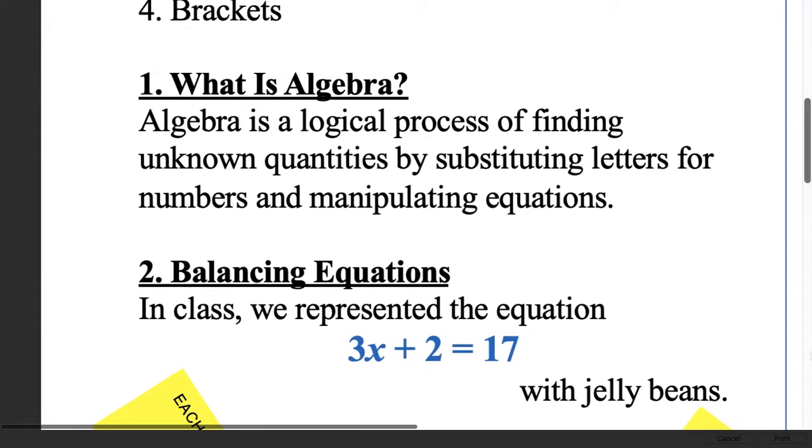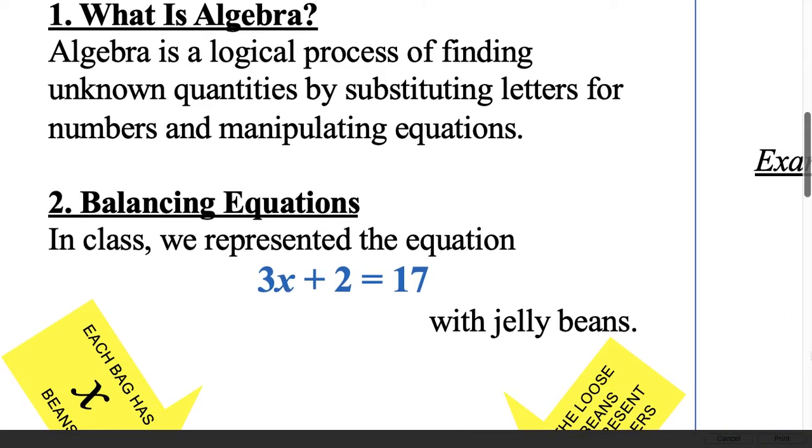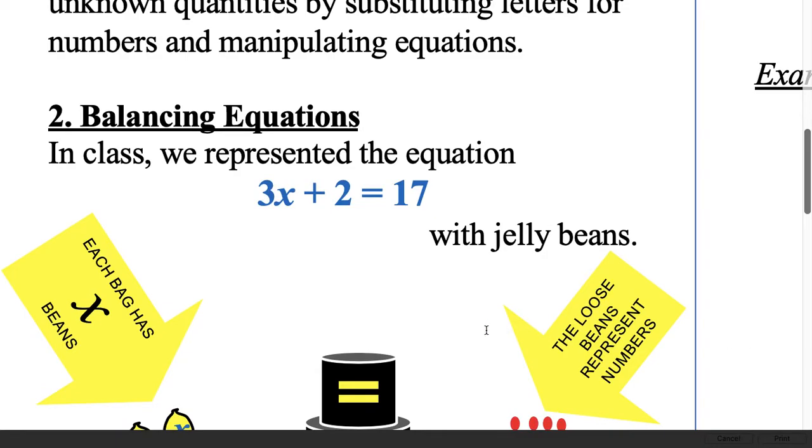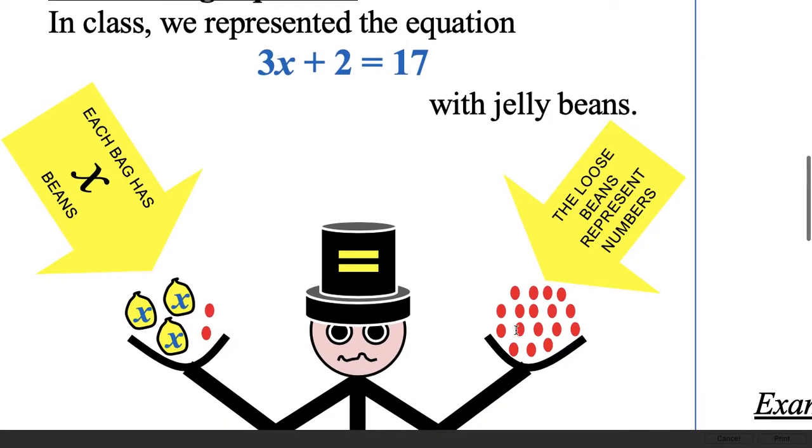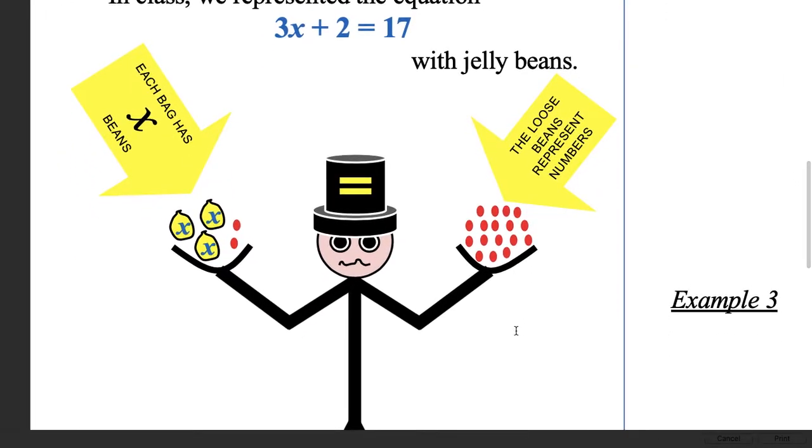And then balancing equations. So in class we represented the equation 3x plus 2 equals 17 with jelly beans. I represented the numbers 2 and 17 with loose jelly beans, and I represented the x's, unknown quantities, as bags of unknown numbers of jelly beans.